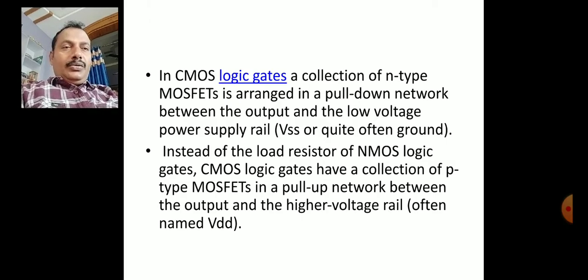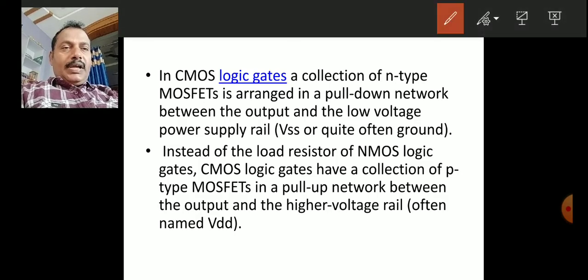So you have to remember that there is a pull-down network connected to ground, which consists of NMOS transistors, and there is another network, the pull-up network.